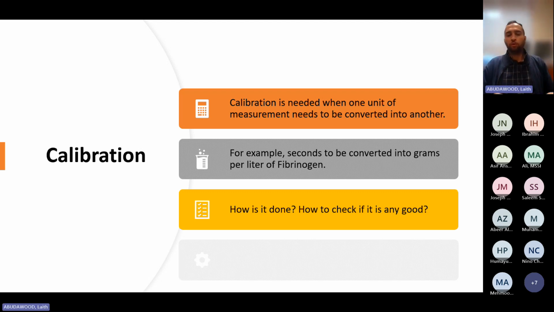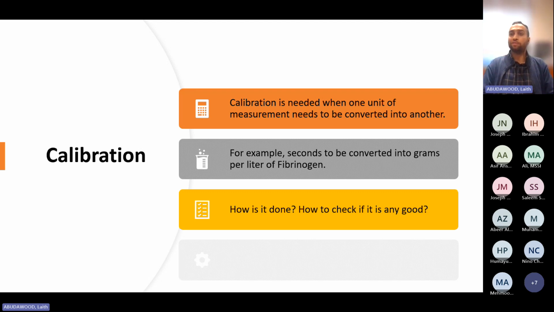Now, the way we do it, of course, as you are very well aware, we just have a calibrator. Now, what makes a calibrator unique? Simply, a calibrator is a plasma or material, whatever this material is, that has a known concentration of the thing that I am measuring. For example, to keep it simple, I want to calibrate factors.